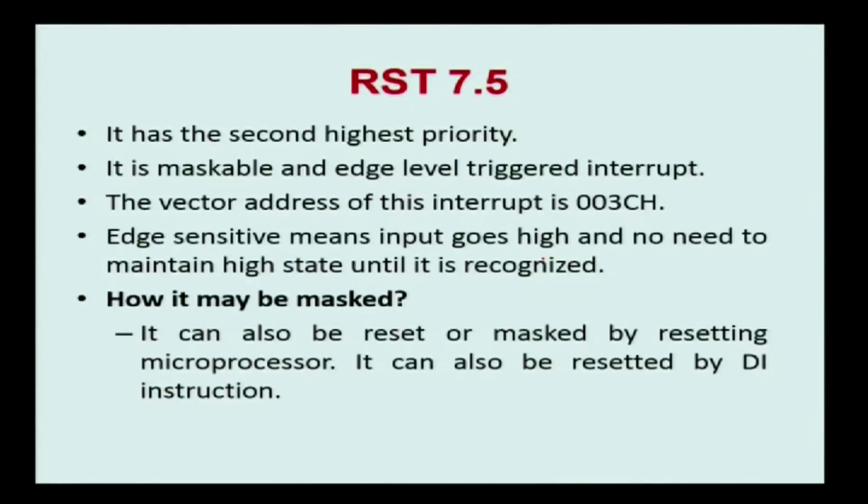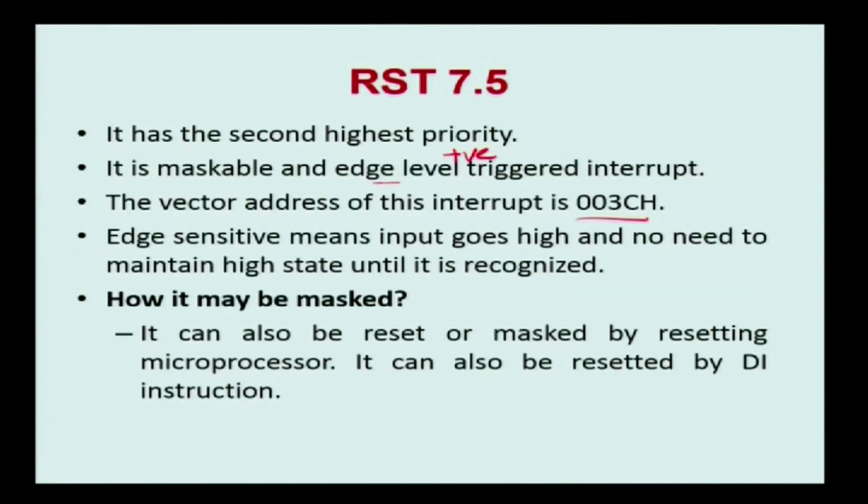The next interrupt is RST 7.5, that is restart 7.5 interrupt. This is the next highest priority. Then it is a maskable and edge level triggering. So, this is mostly used for the positive edge level triggering. So, maskable interrupt means it knows the address where to switch over. So, positive edge, the level changing from low level to high level, then the corresponding interrupt will be identified.